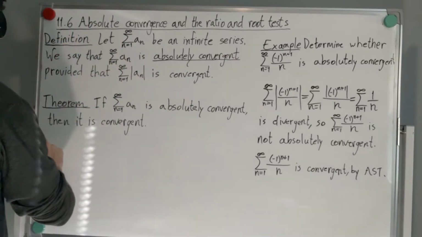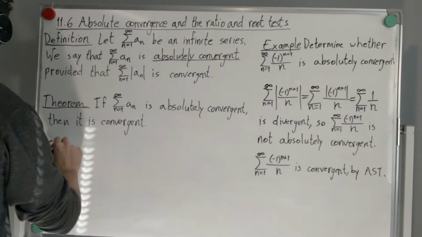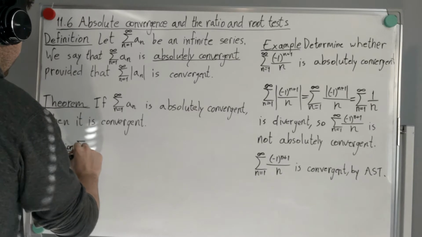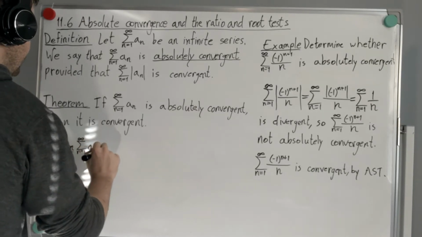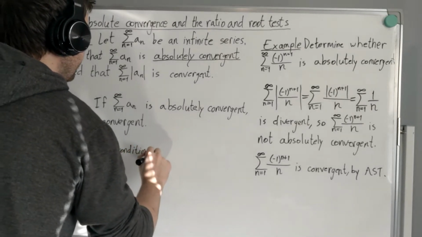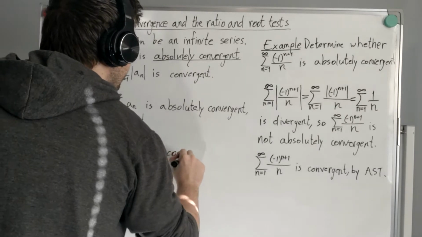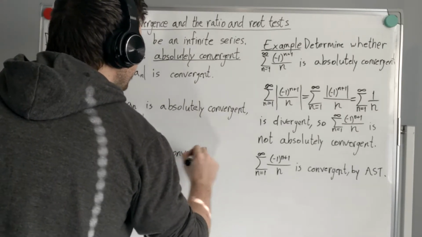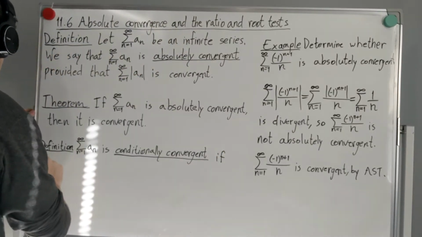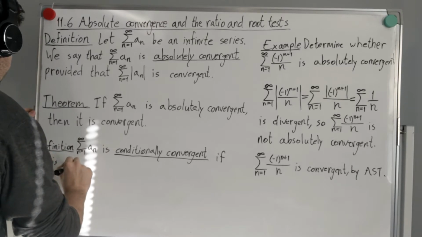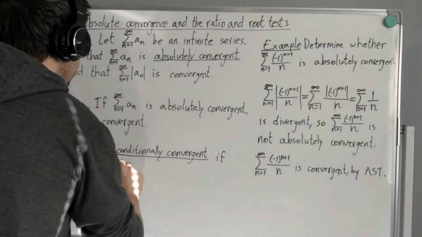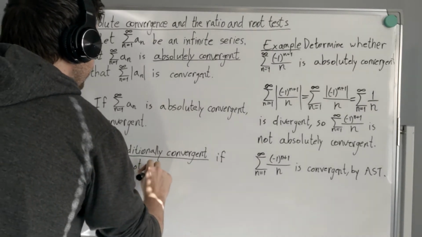So the sum from n equals 1 to infinity of an is conditionally convergent if it is convergent but not absolutely convergent.